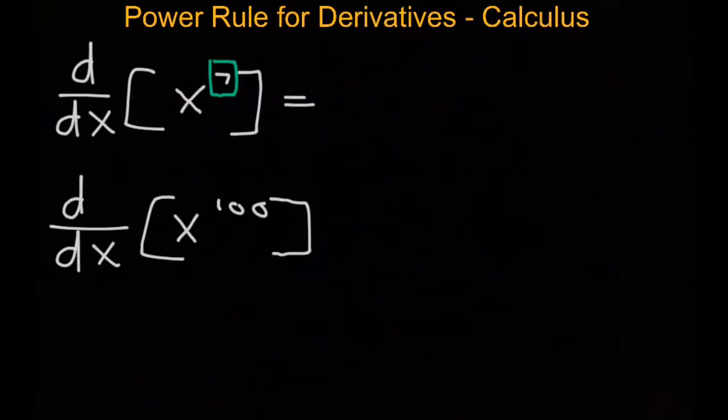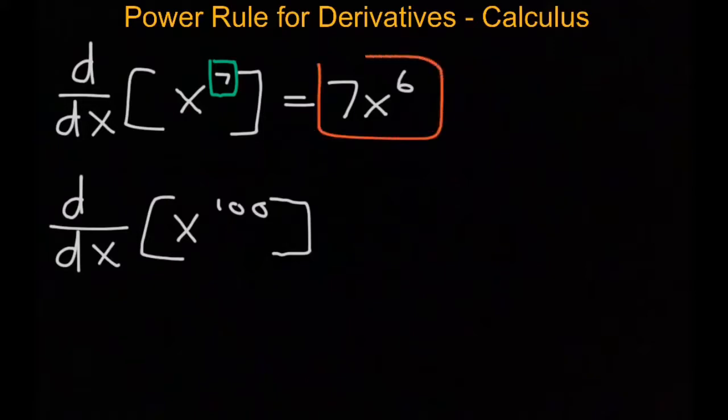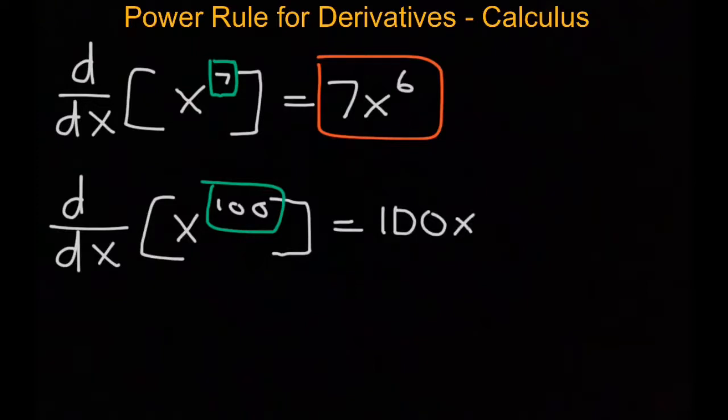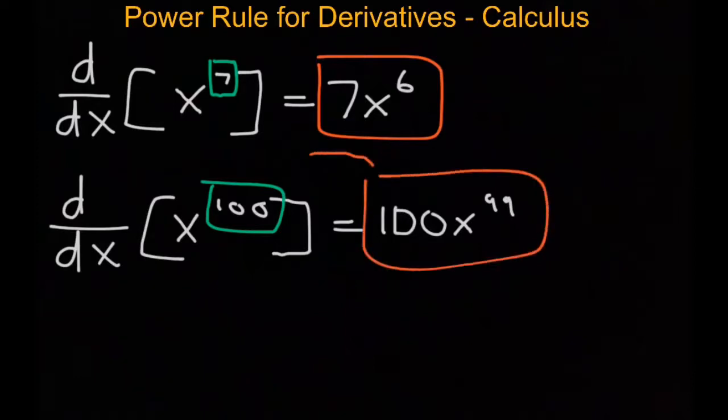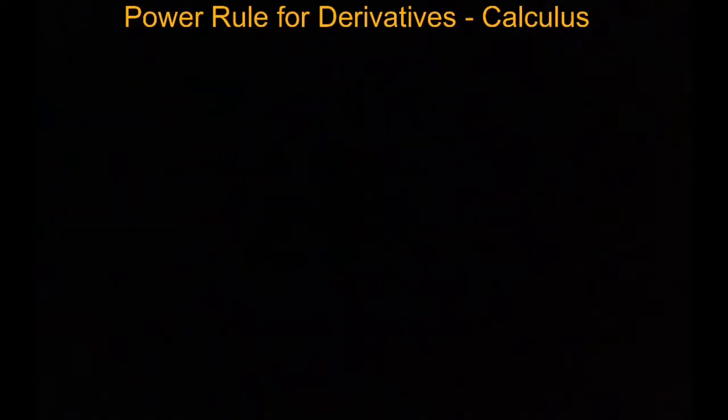So we could write out our answer like this. 7 times x to the power of 7 minus 1, which is 6. And that is our answer for our first question. For our second question, our n value is 100. So we'll have 100 times x to the power of 100 minus 1, which is 99. And that is our derivative for x to the power of 100.